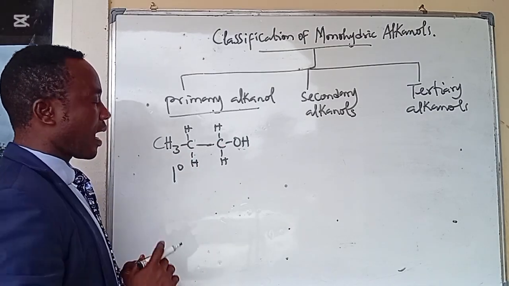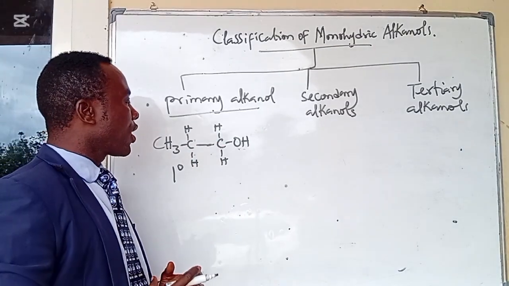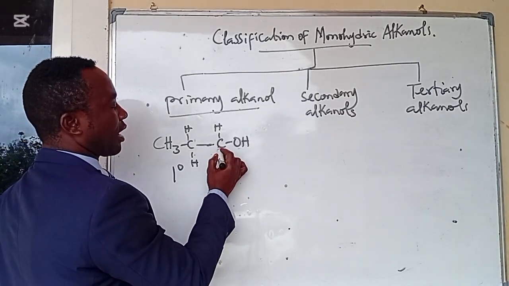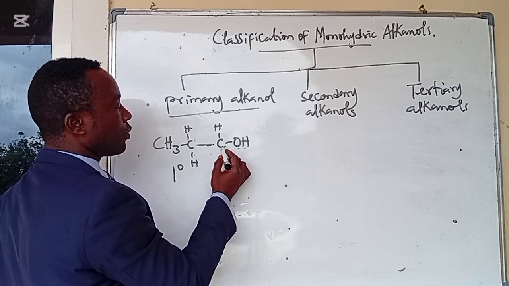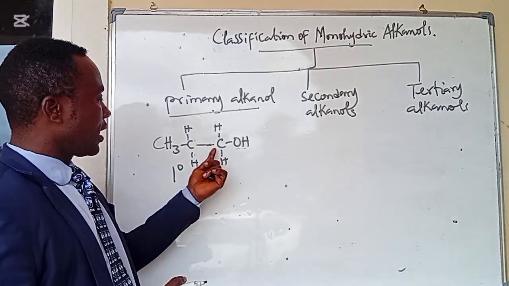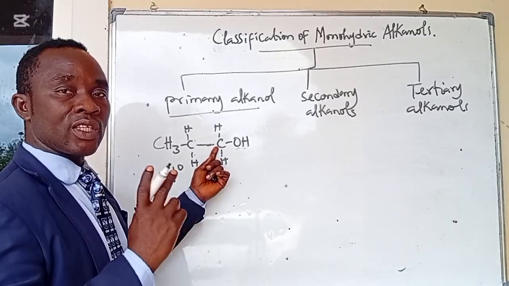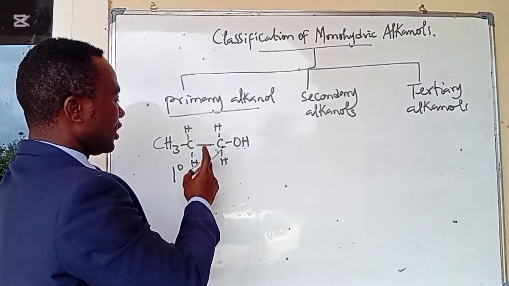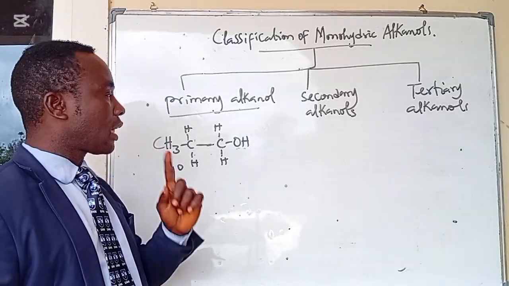That is a primary alkanol. Also, another way you can know a primary alkanol is that the carbon atom that bears the hydroxy group will always have only two hydrogens, or it is bonded to only one other carbon.